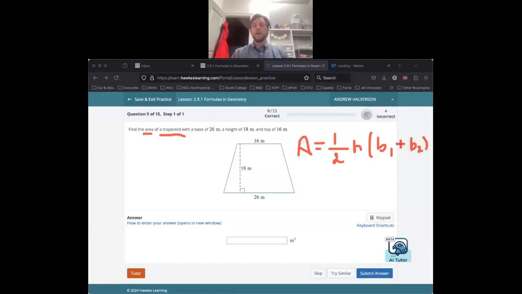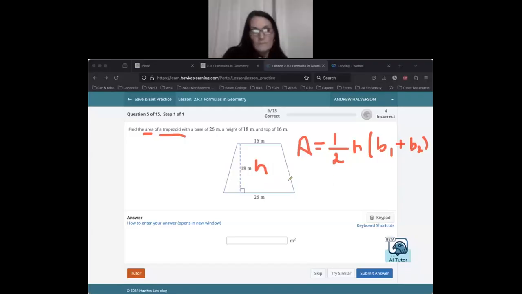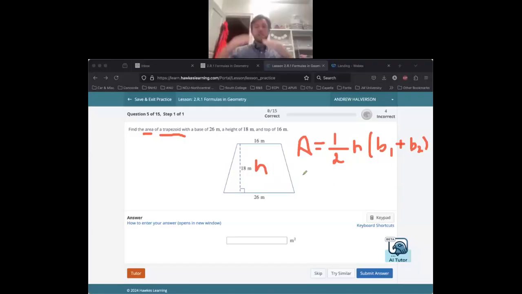Okay, the height means vertical distance. So we have three values here, 16, 18, and 26. Which one do you think would best represent the height in terms of vertical distance? 18. That indeed is the height. Now base 1, base 2, all that means is the top and the bottom of the figure.